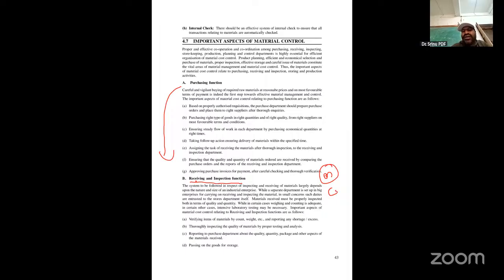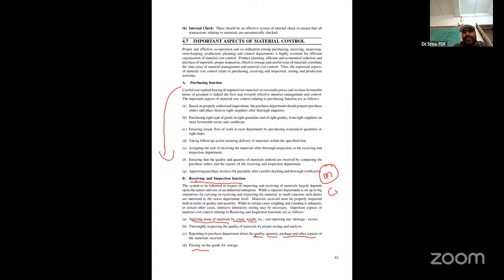Verifying the materials by count and weight: how much they purchased, how much they ordered, what the weight is, and reporting any shortage or excess. Inspecting the quality of material by proper testing and analysis. All this they are going to check. Is it clear? The purchasing department reports, and they check the quality, the quantity, and the packaging and other aspects also.